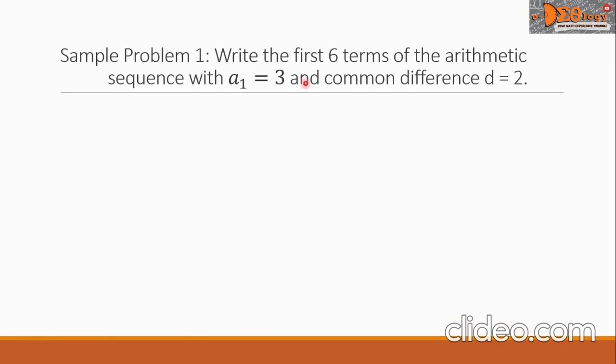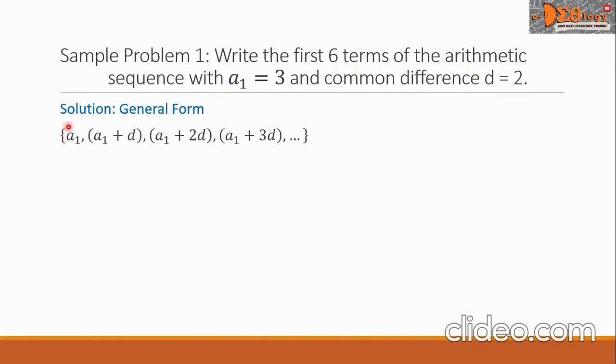Sample problem 1. Write the first 6 terms of the arithmetic sequence with a sub 1 equals 3. This is the first term. And common difference d equals 2. Let us write the general form, and it is written here.